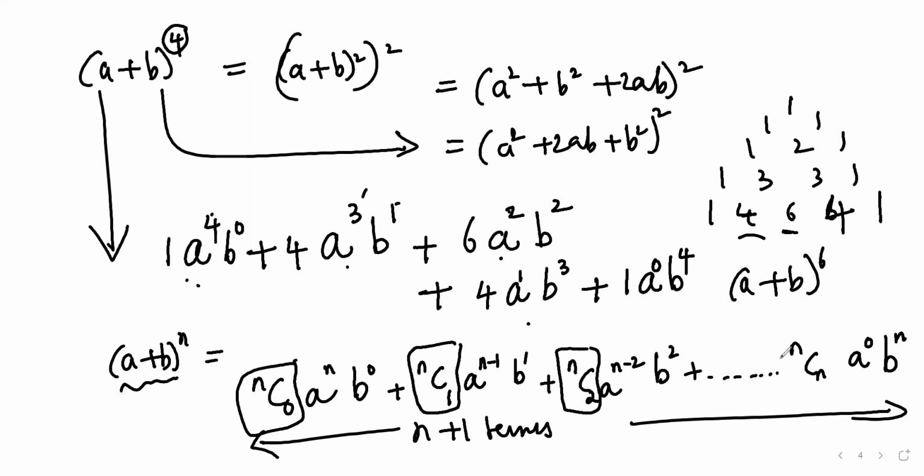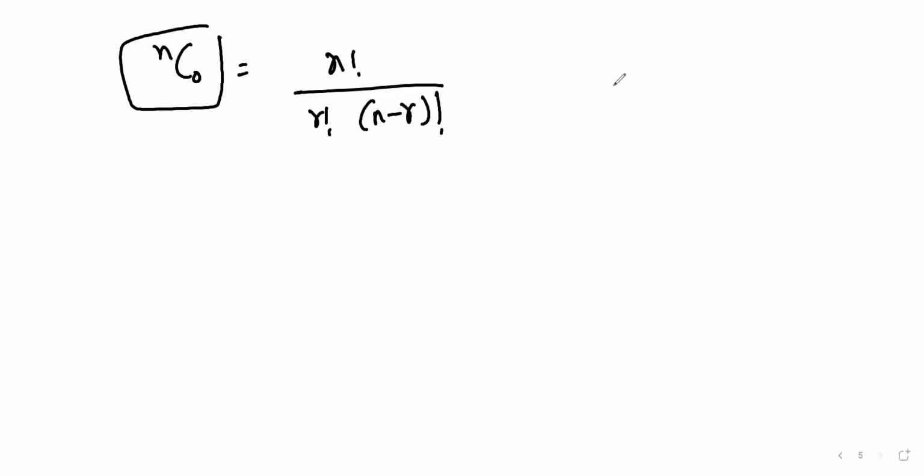I'll take a very simple case. So what is nCr, sorry. nCr. So nC0 will be n factorial, in the place of r you have 0, so n factorial by 0 factorial into n minus 0 factorial.